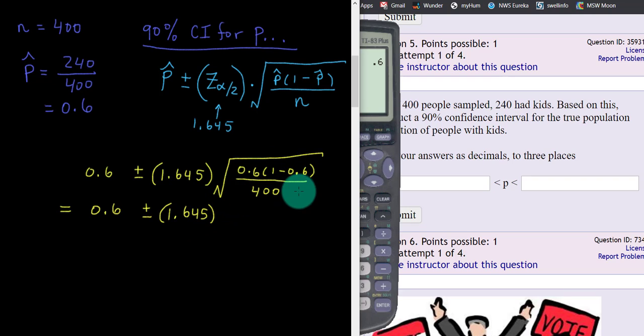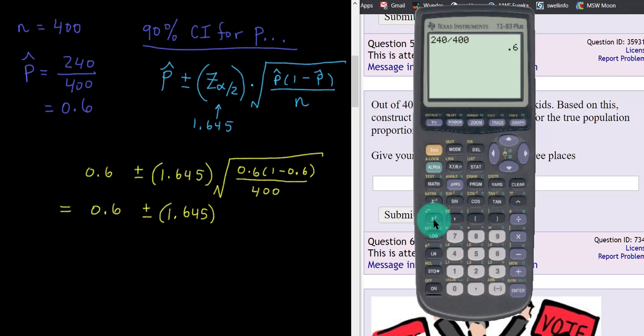I'm going to do this standard error part first. Square root, 0.6 times 1 minus 0.6 divided by, oh, I forgot a parentheses, divided by 400, and I need to close my parentheses.